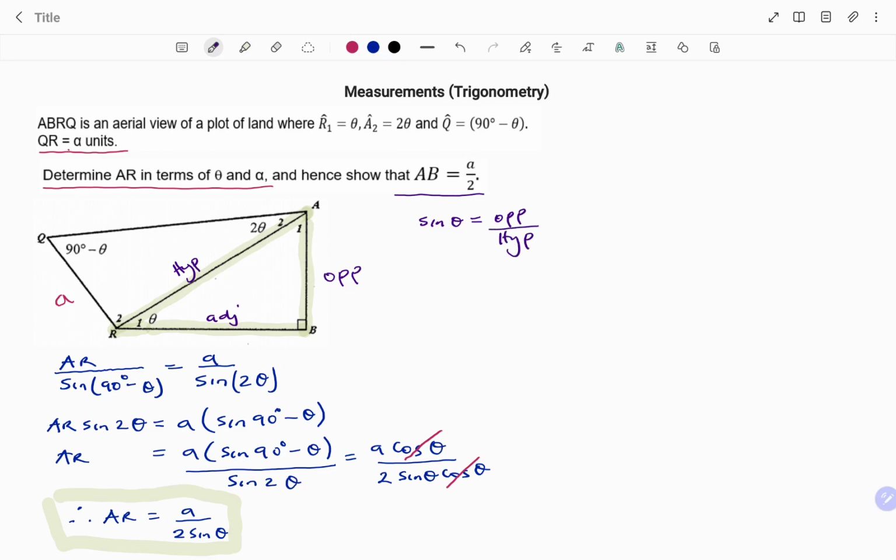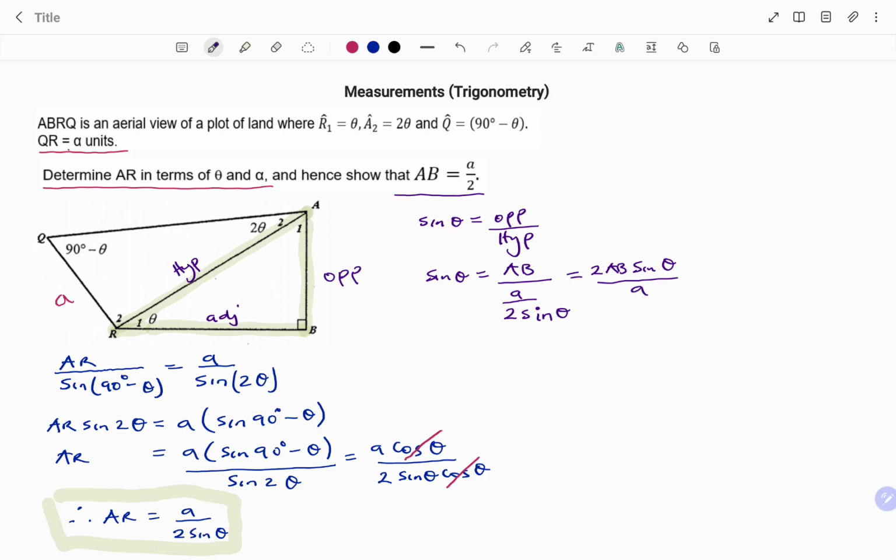Putting in the necessary parameters, we have sine theta equals the opposite, that's your AB, over the hypotenuse, that's AR, and that is the same as a over 2 sine theta. Simplifying, we have that as 2 AB sine theta divided by a.